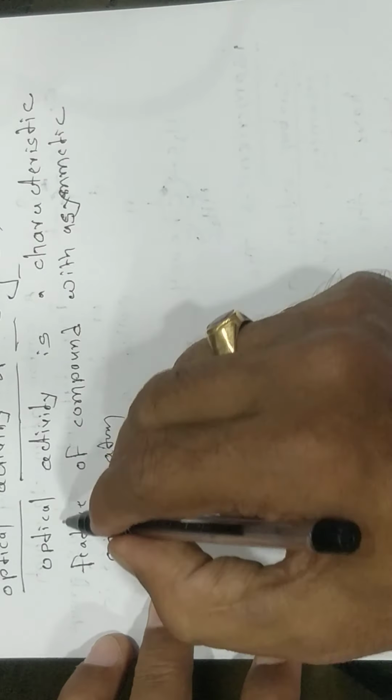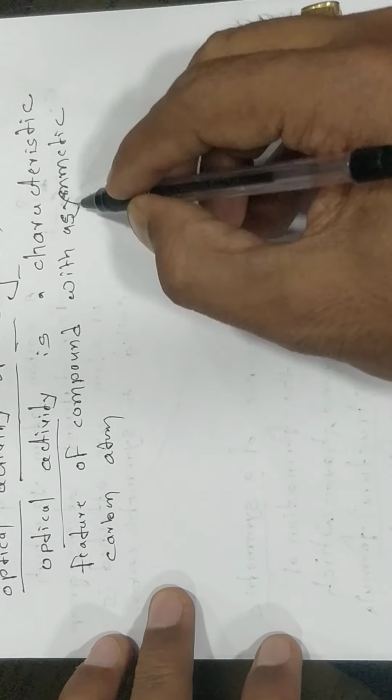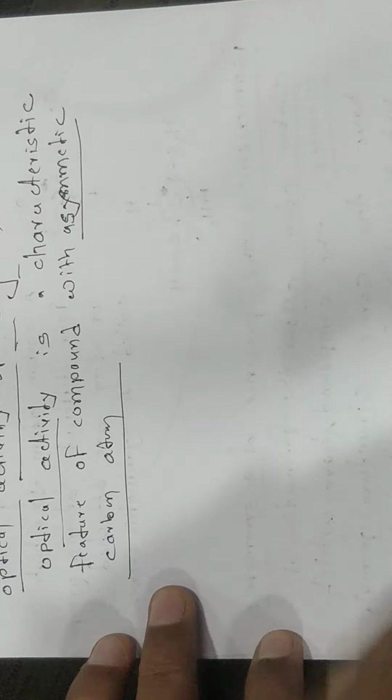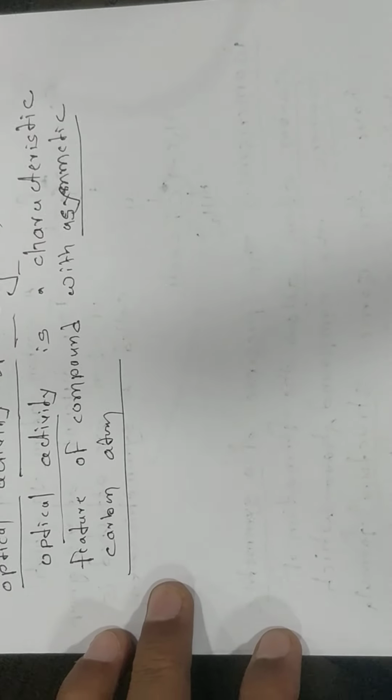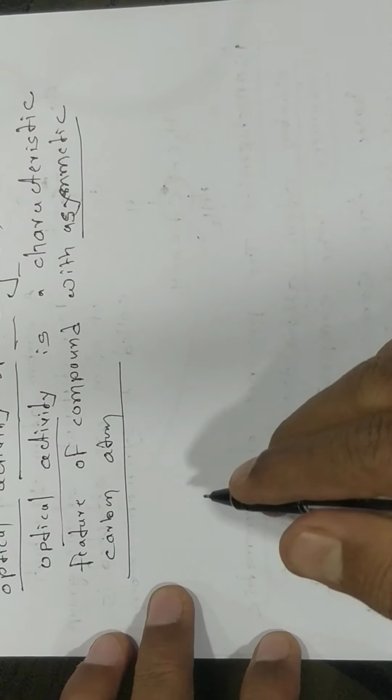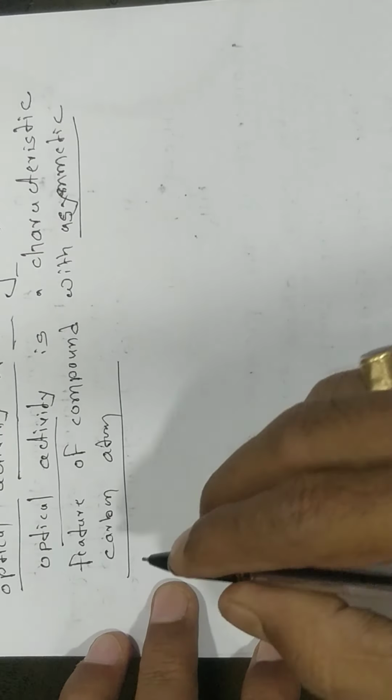A compound having an asymmetric carbon can show optical activity.